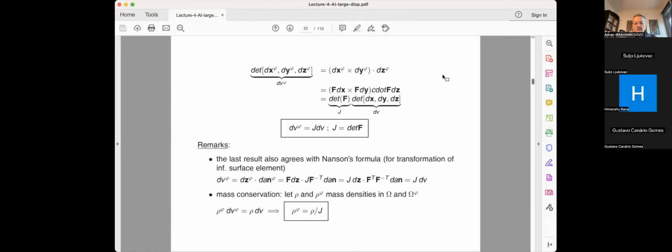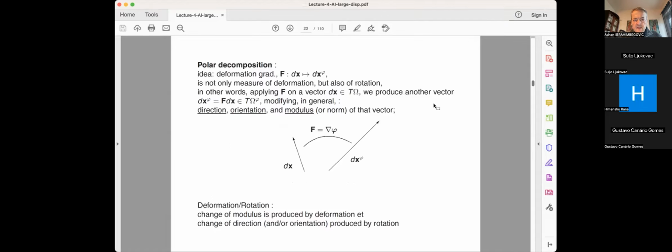So basically, sometimes, going back to the deformation gradient F, which is a two-point tensor producing from dX the new configuration dx phi.